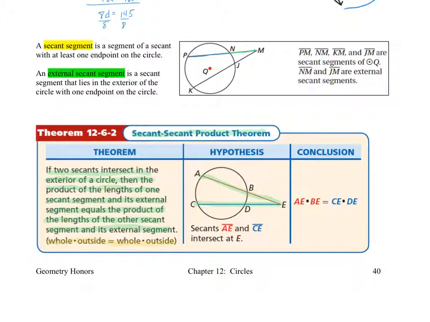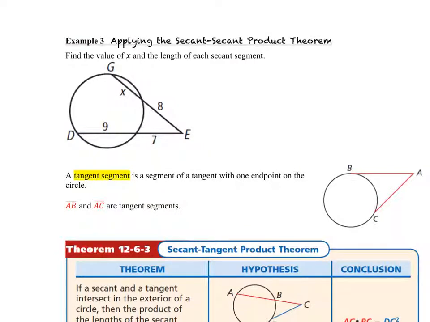So the whole secant AE times the outside BE is equal to the whole secant CE times the outside DE. So secant-secant product theorem, in summary, is whole times outside equals whole times outside.